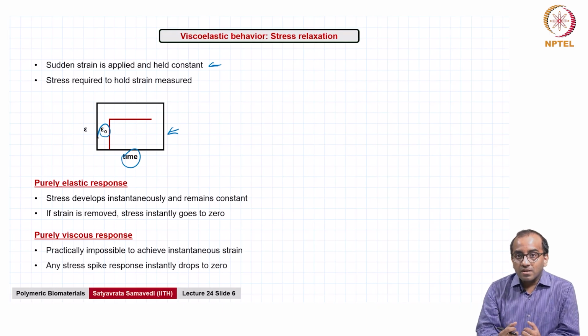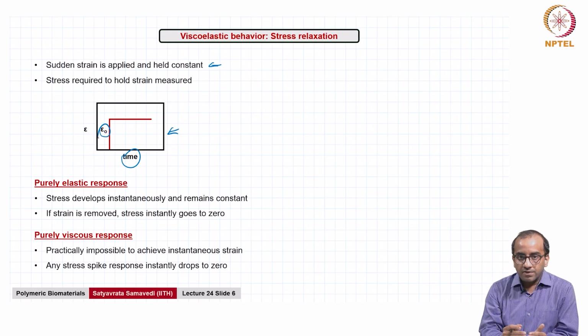And what you are tracking here is the stress required to hold that strain over time. So, in creep you applied a sudden stress and you tracked strain over time. Here in relaxation you are tracking stress over time in response to a suddenly applied deformation which is held constant over time.